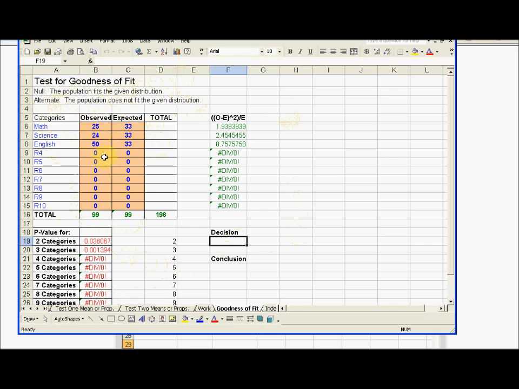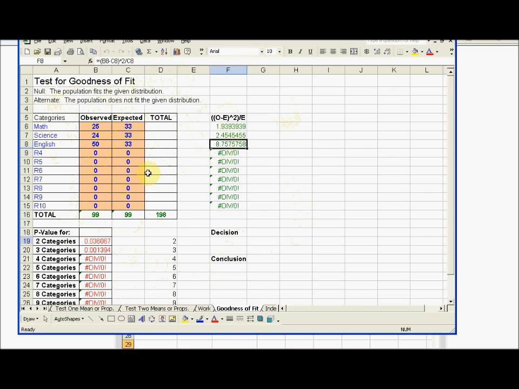But this is what you're understanding, the observed versus the expected numbers. Now, if you were doing this by hand, for each one of these rows, you would calculate the observed minus the expected number, and then square that. So 25 minus 33, and then square that number, and then divide that by the expected number, 33 in this example. And you'll do that for every single one of the rows.